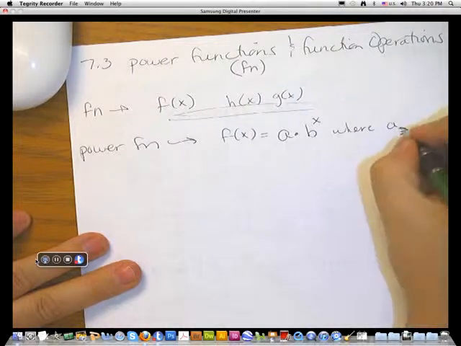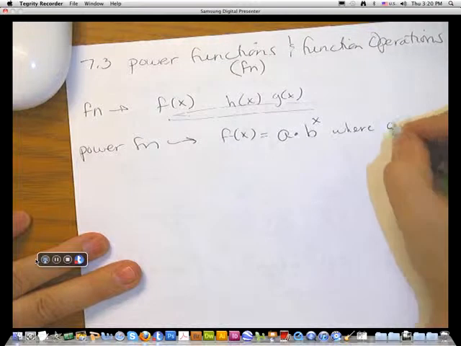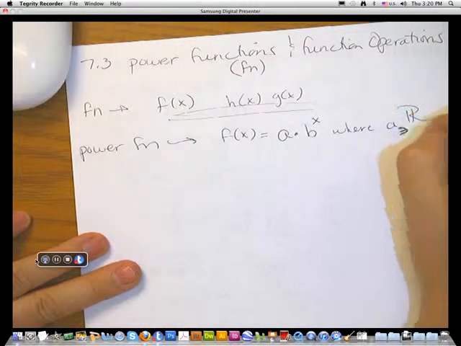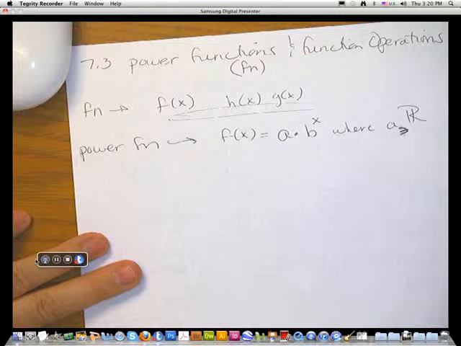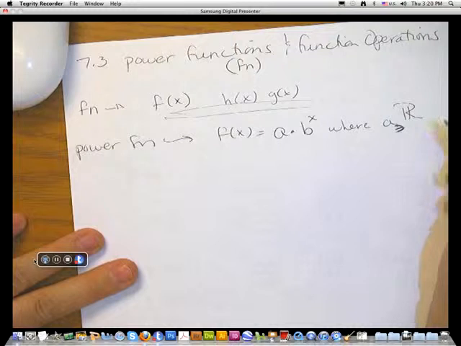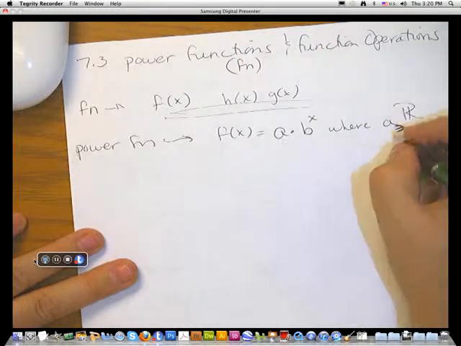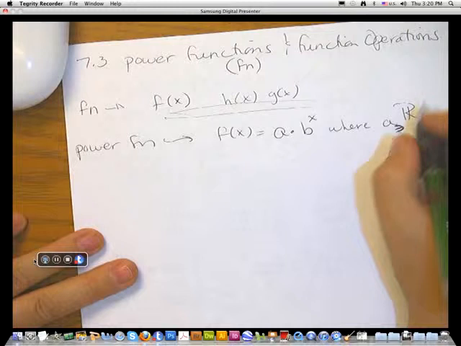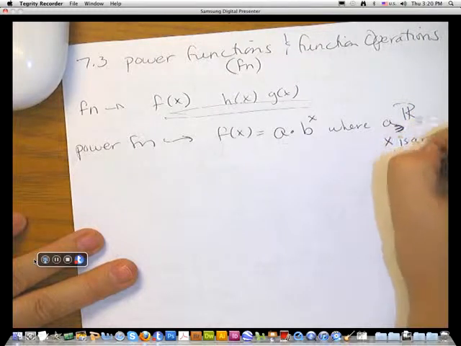It's like a backwards e or c, but a belongs to the reals, meaning it can be anything. Positive, negative, fraction, decimal, radical, it could be anything. And where x is a rational.